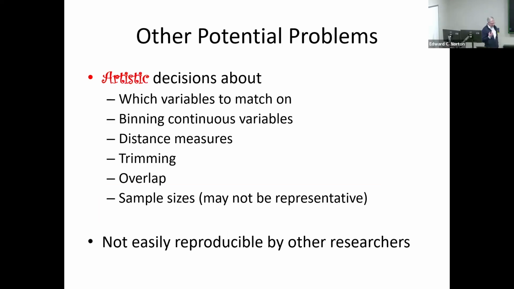The other thing I want to emphasize is if you read papers that do propensity score balancing and then try and reproduce what they do, it is really hard.